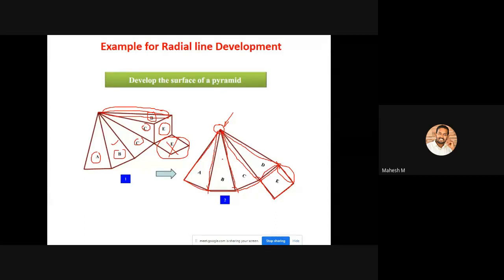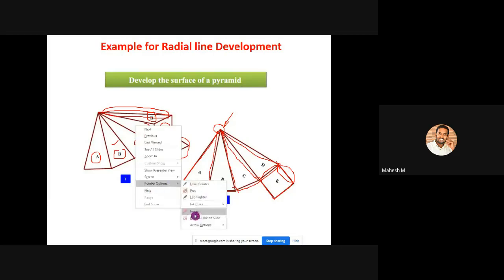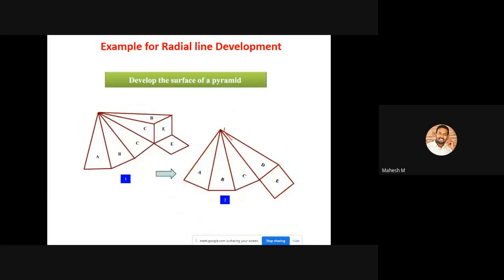Look at all the slant edges. Each edge is called a slant edge. All the slant edges are created with the help of a radial line, that is, an arc. We have drawn it taking this as the base. So we call this development a radial line development.